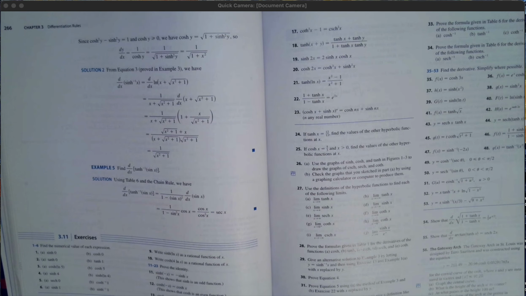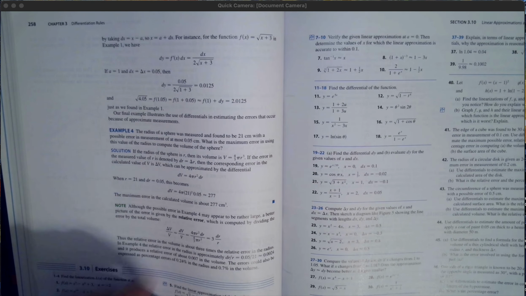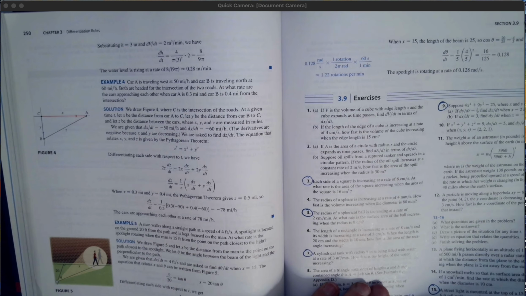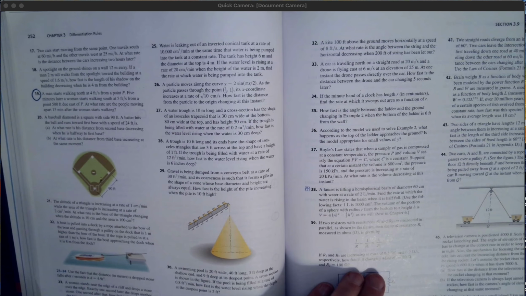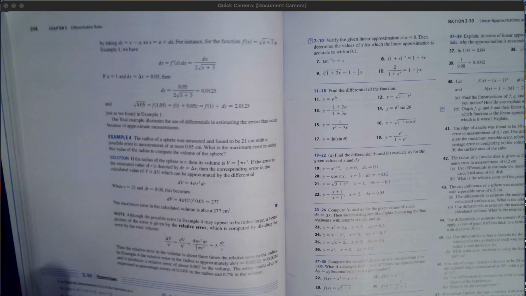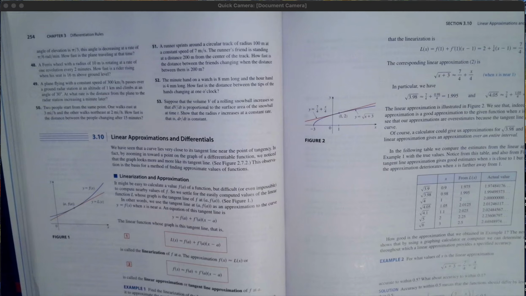So let me start by making sure we know what we're supposed to study. We start in section 3.10, and in that section, we only covered linearization and linear approximation.